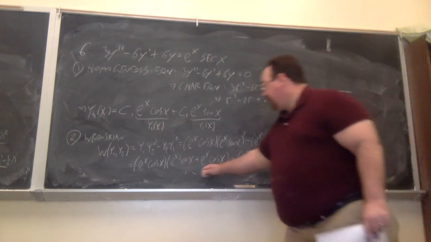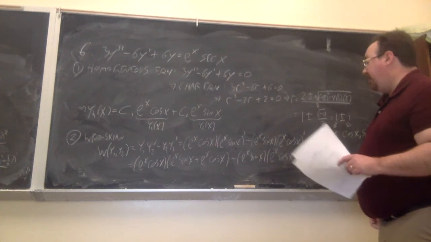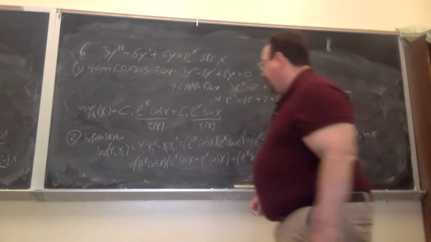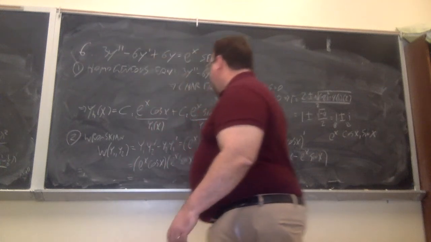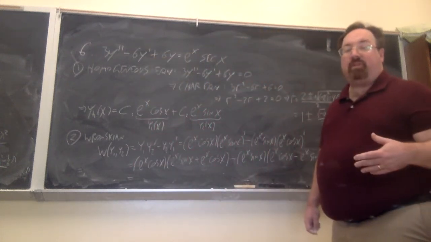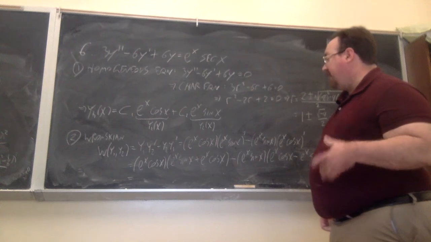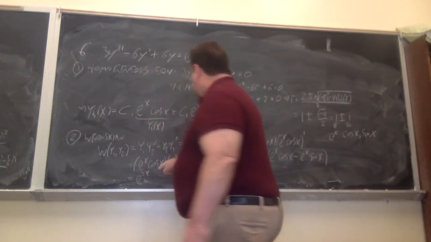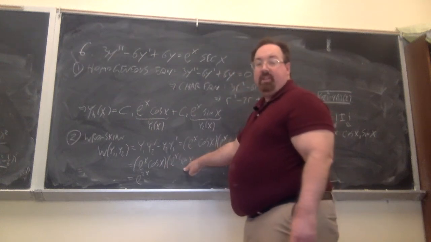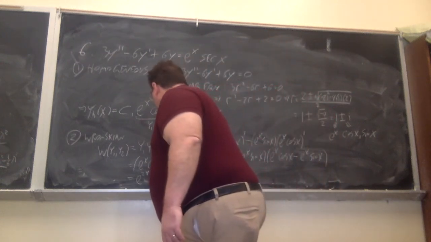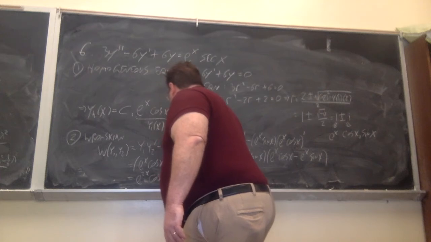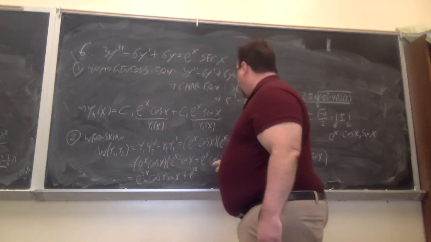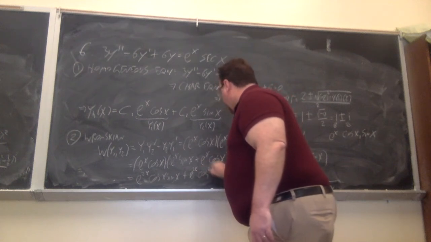So now we need to simplify all this. Quite a mess to clean up. When you're multiplying e to the x's, you add the exponents, so every term is going to have an e to the 2x. So I have e to the 2x cosine times sine, plus e to the 2x cosine times cosine, so that's cosine squared.